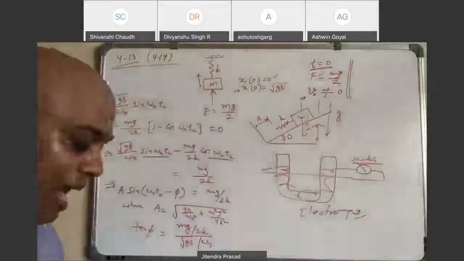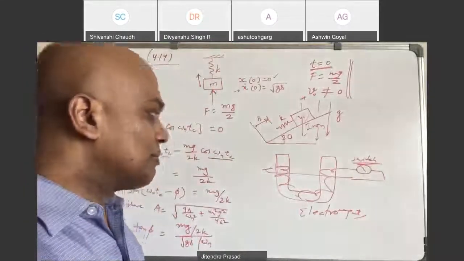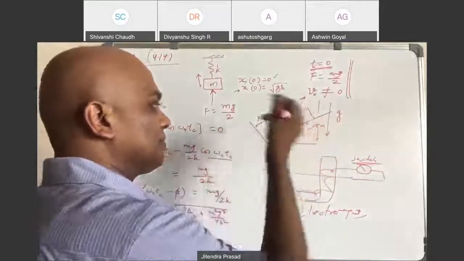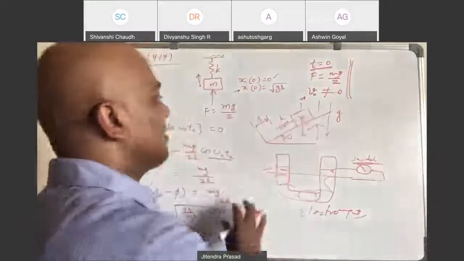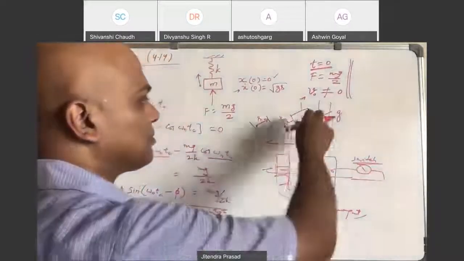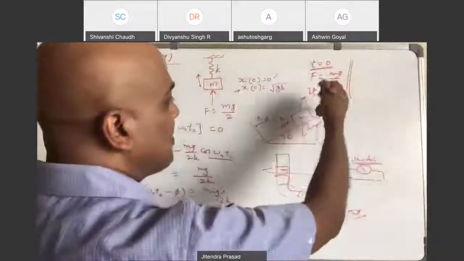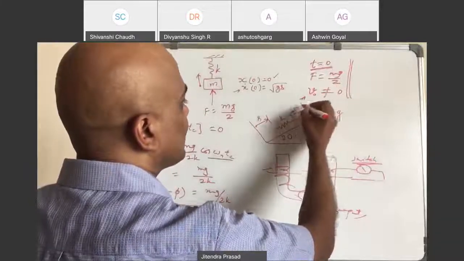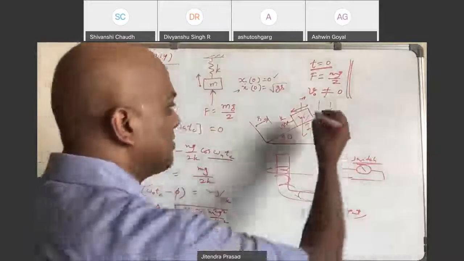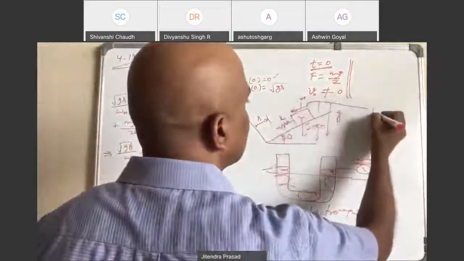Now, let us say this problem, can we think differently? I give a constant velocity to this one. First, what I'm going to do is give a constant velocity. How much velocity?